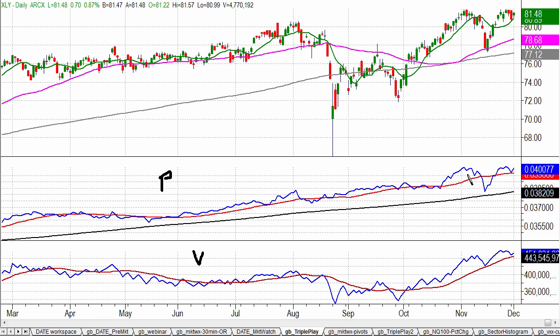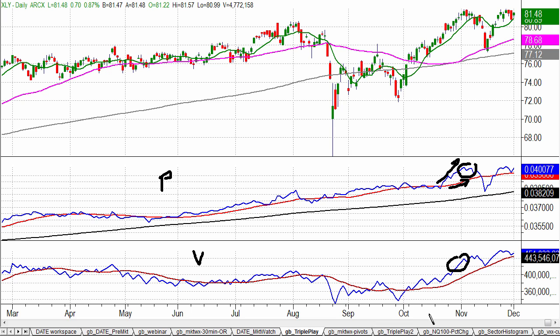And the idea is that if the blue line is headed higher and the red line is headed higher, the momentum is positive in terms of price leadership, but what you want to see is the blue line over the red line, and that suggests that it's not only outperforming the overall market, but it's doing it with greater and greater momentum. And that's true on the top in terms of price, and true on the bottom in terms of volume.